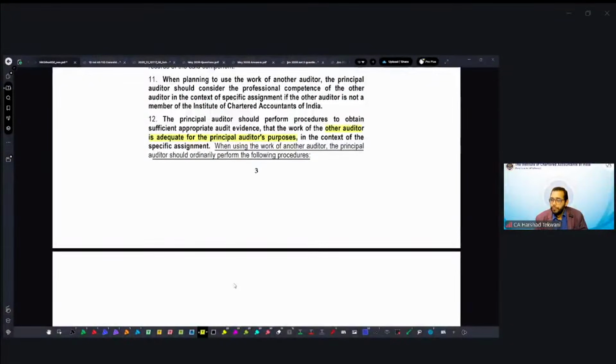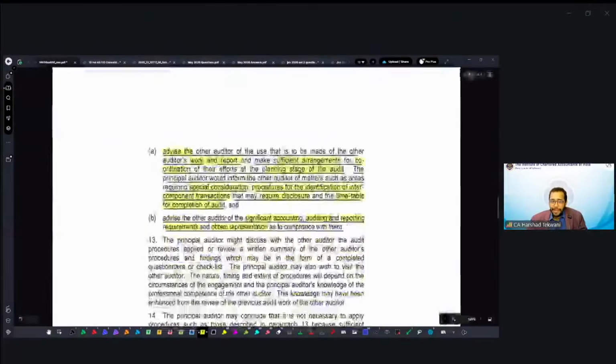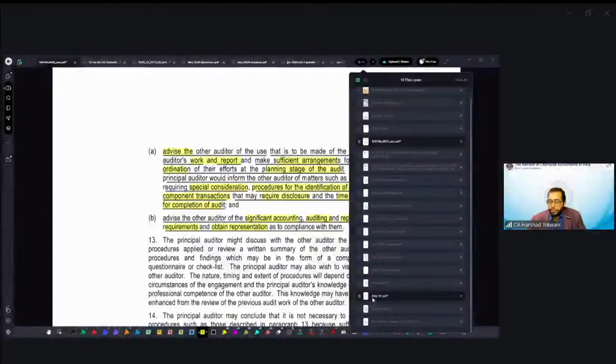Okay, and this particular advice or these particular instructions will differ from component to component. So accordingly, instead of giving an example, explain the procedure which is applicable to all the other auditors. This is how you need to write the answer for that question.